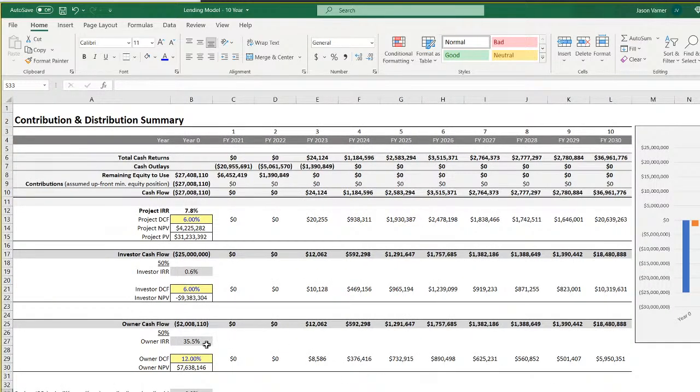The internal rate of return is now barely positive for the investors. Net present value is negative at 6%. If the discount rate is higher than the internal rate of return, then the net present value is going to be negative, which is interesting, I think, to know how those numbers relate to each other.